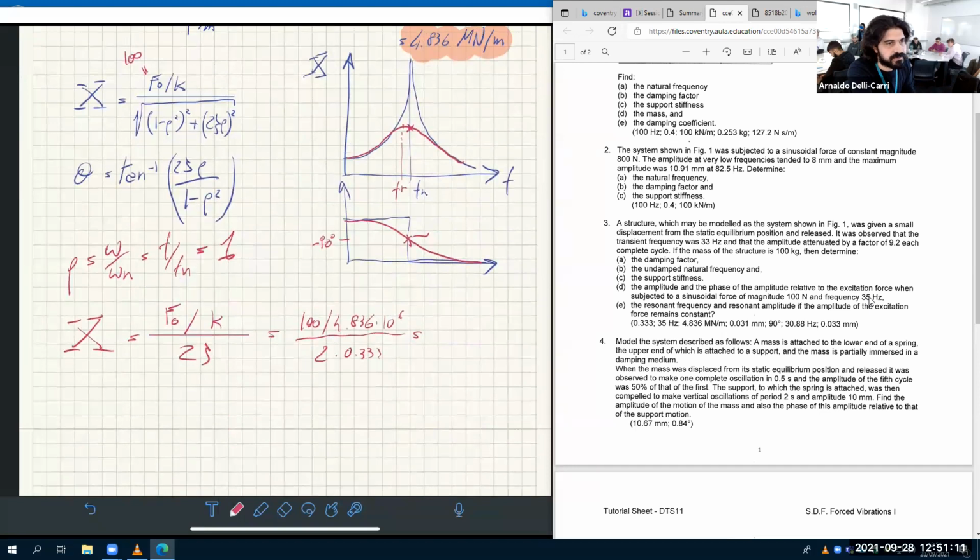Yeah, good. So this thing is apparently 0.031 millimeters. Because it's here. I'm just looking at the solutions. And as I said, the phase is 90 degrees. It must be 90 degrees because at Fn, the definition is that's 90 degrees.